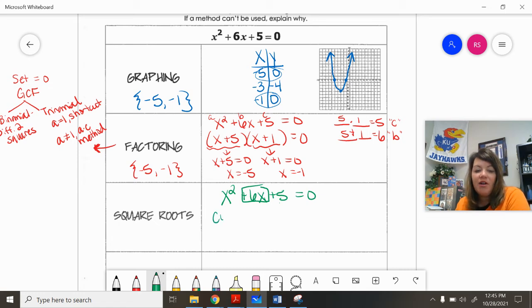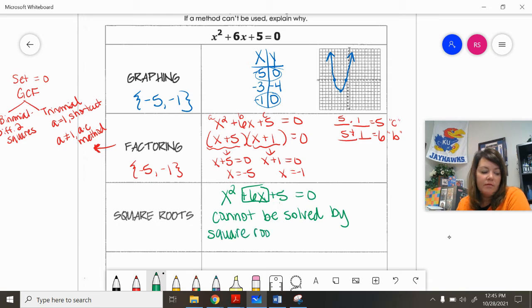It cannot be solved by square roots because there is a B term. Okay, so we can't solve it by square rooting. The only time we can square root is if this term does not exist. All right, so let's keep moving.